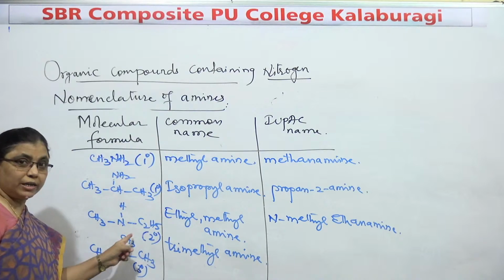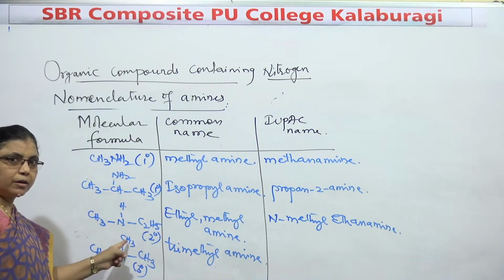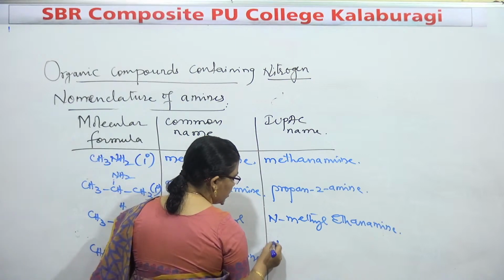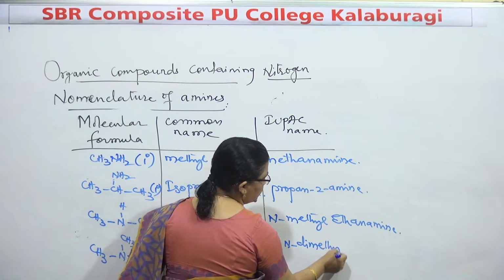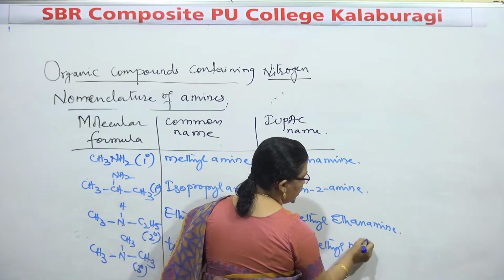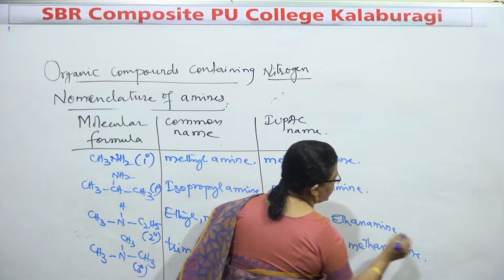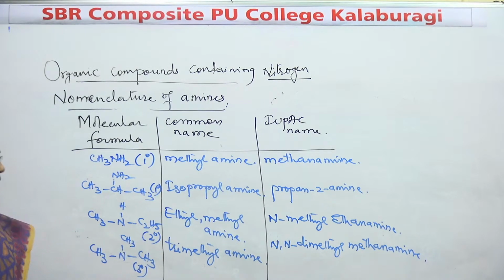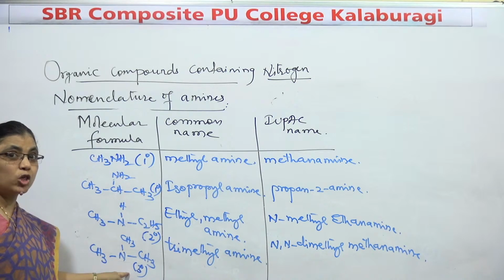Even we can call it, according to the IUPAC system, N,N-dimethylmethanamine. Okay, so we can say that based upon primary, secondary, and tertiary we can name them.